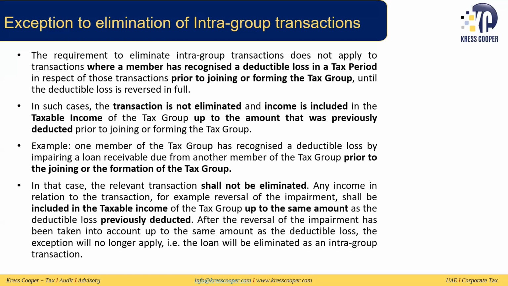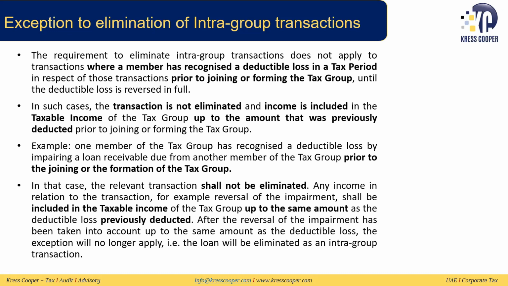Why I keep emphasizing that both the parties need to be members in the same tax year is because there is one exception to this elimination. That is the case where, if there is any intergroup transaction where a member has recognized a deductible loss in a tax period before joining the tax group, then this will not be eliminated, because it was not done during the same tax year where both the companies between whom these transactions have happened were part of the tax group.